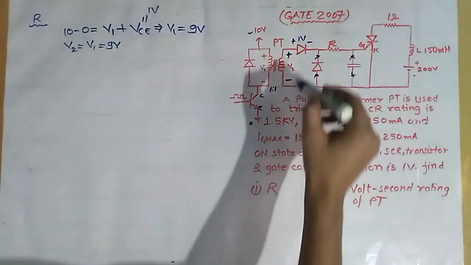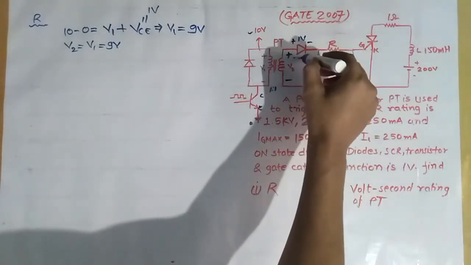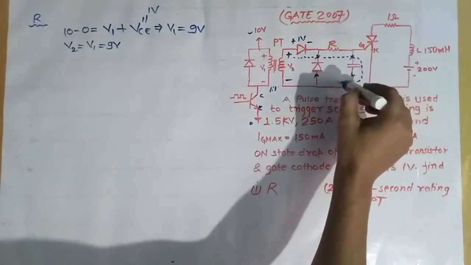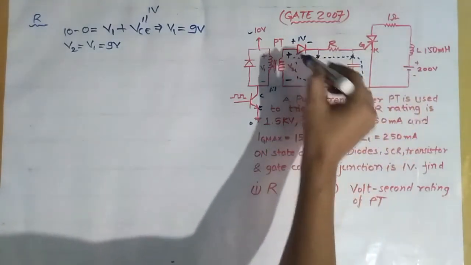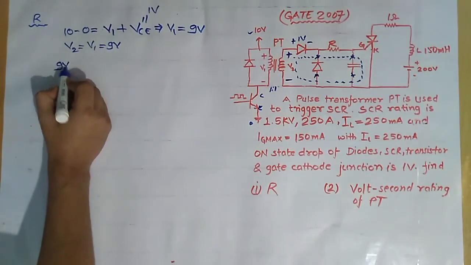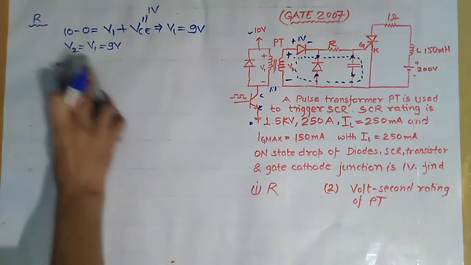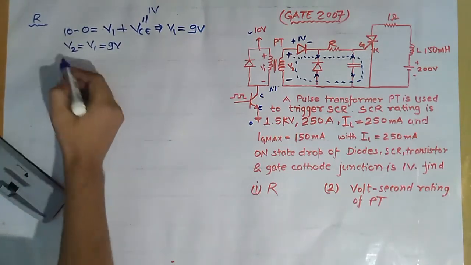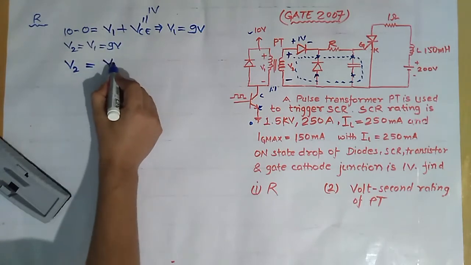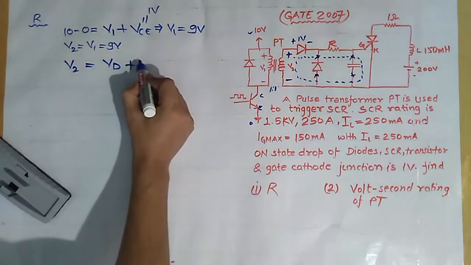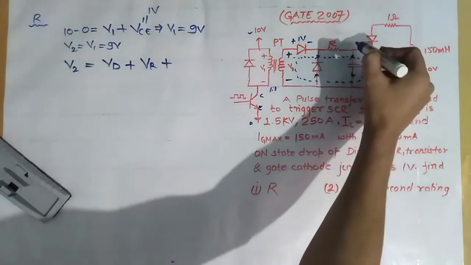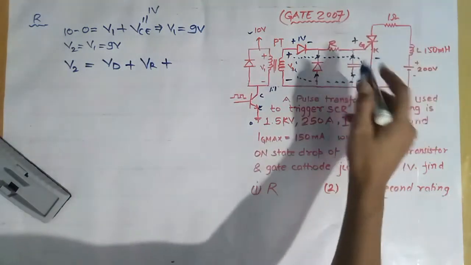Now we will apply KVL in this loop. So applying KVL, we get V2, that is equal to 9 volt, V2 is equal to VD plus VR plus this VGK, the gate cathode drop.